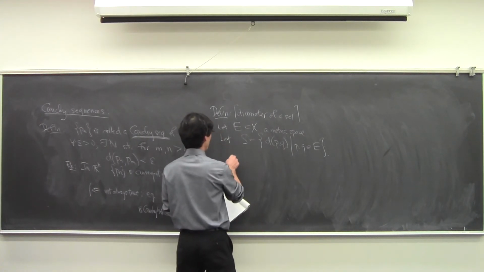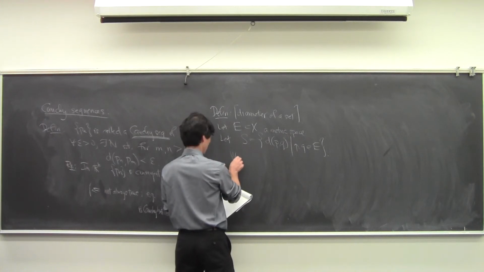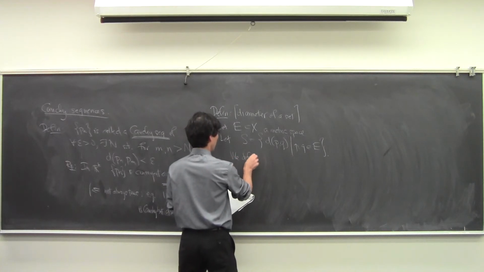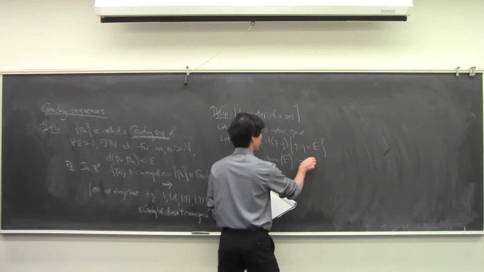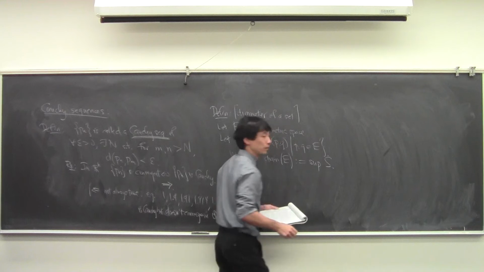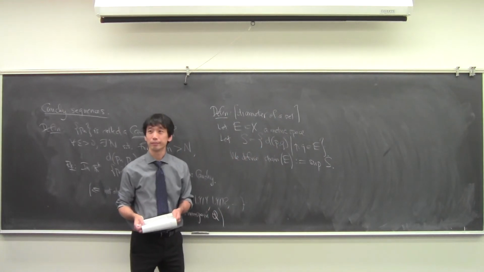Then we define the diameter of the set to be the supremum of all these pairwise distances.